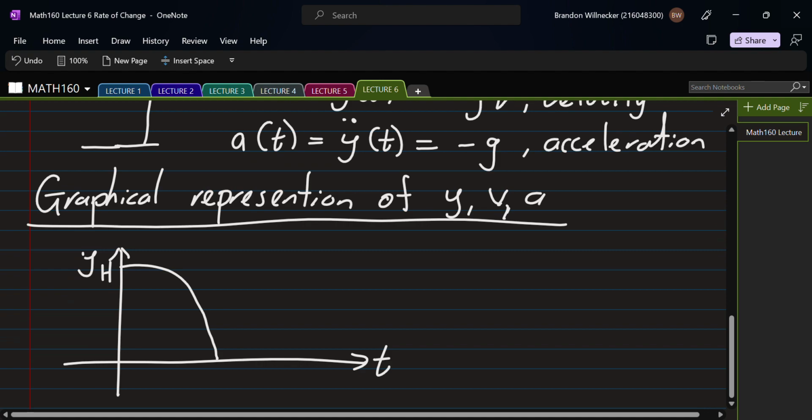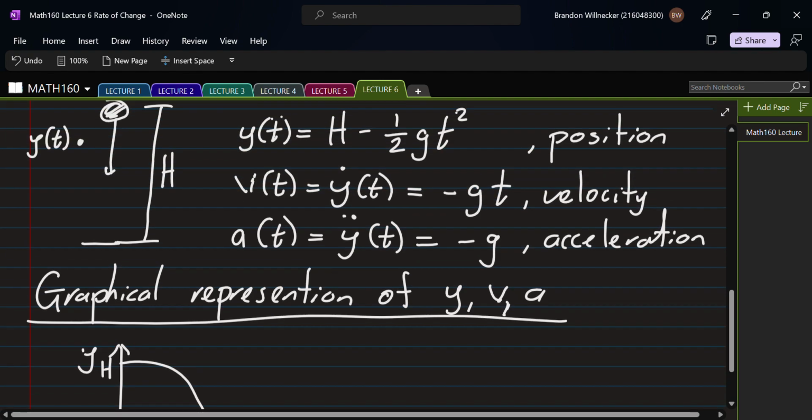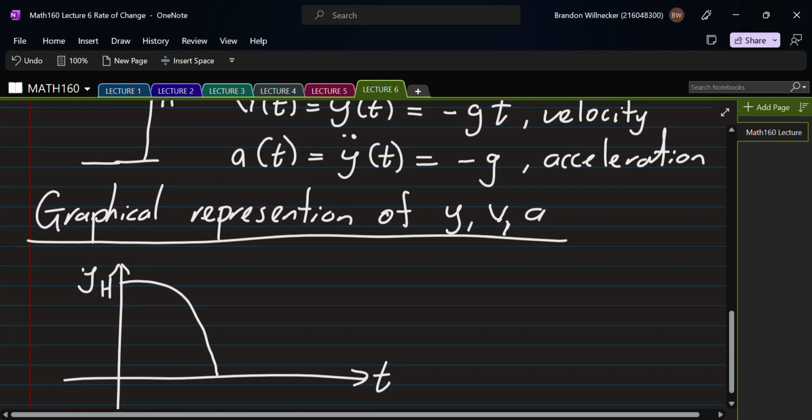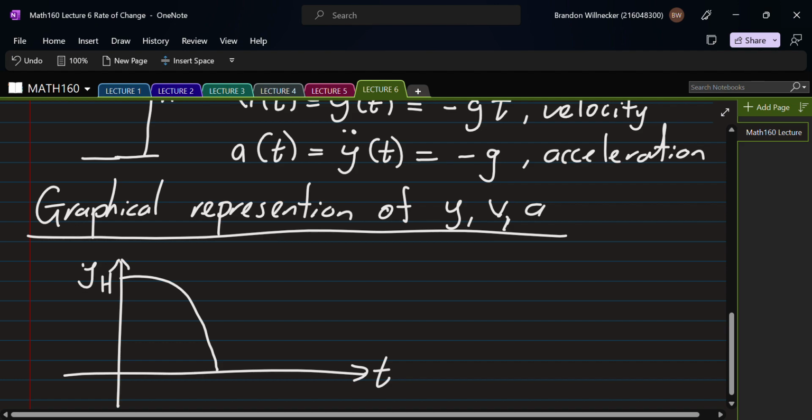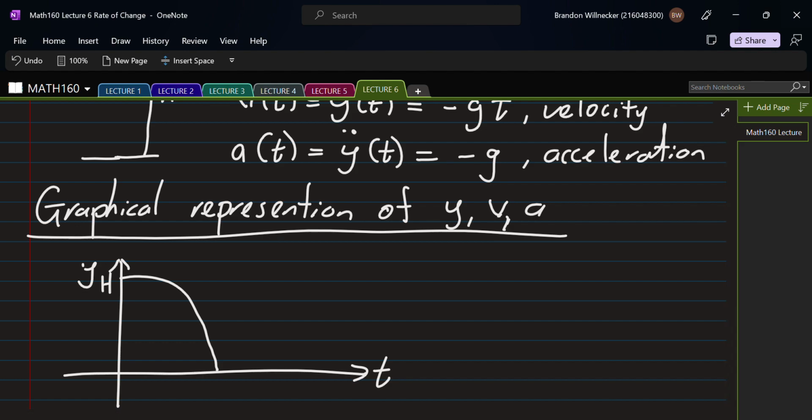Okay, so if this is the position as a function of time, then the derivative will give us the velocity, but we know that the derivative is also another way of saying the tangent, right? If we take the derivative, that gives us the gradient of the tangent line. So if we draw in a couple of tangent lines, that will show us a graphical representation of the velocity.